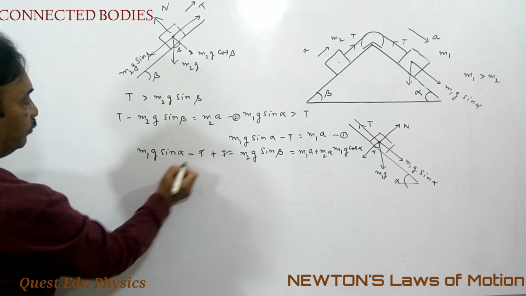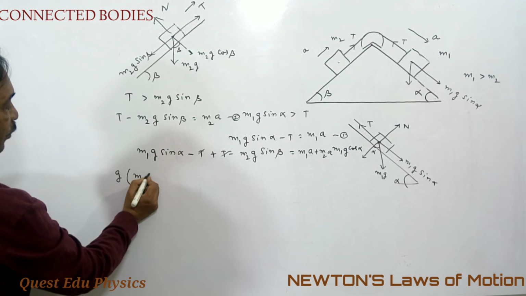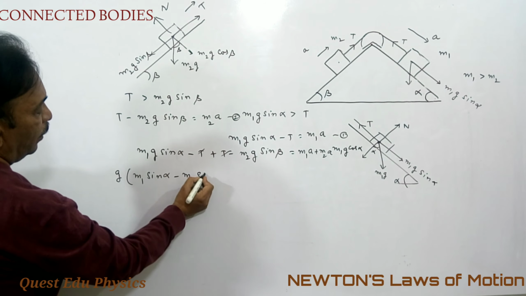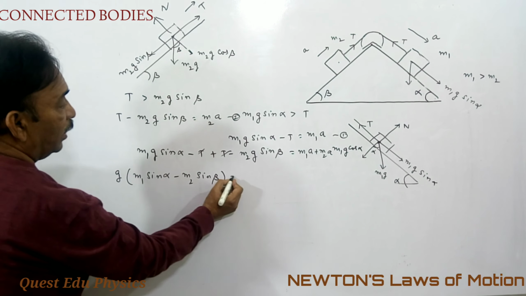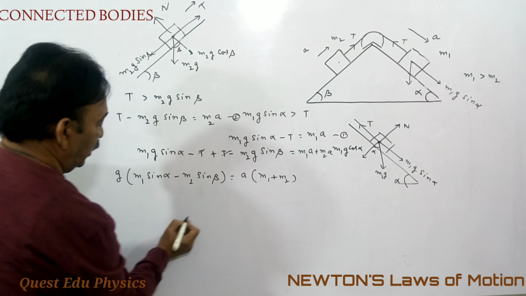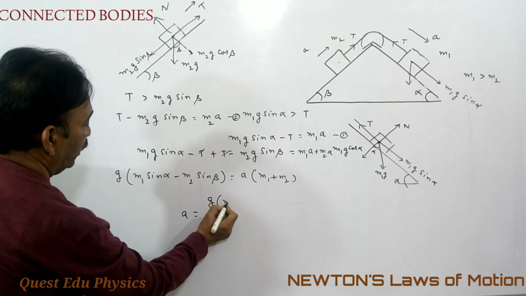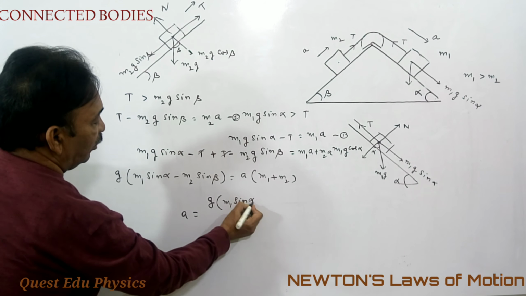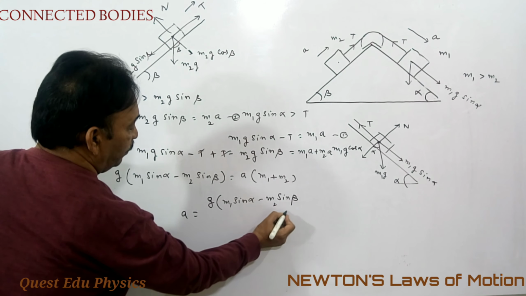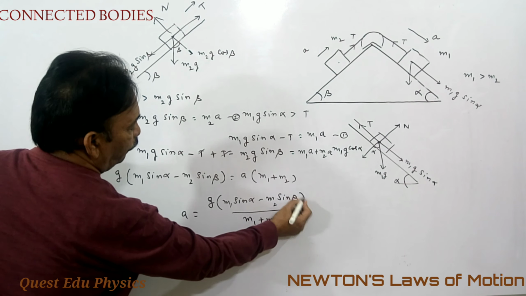Here T gets cancelled, and g of m1 sine alpha minus m2 sine beta is equal to a of m1 plus m2. Then we get a is equal to g of m1 sine alpha minus m2 sine beta divided by m1 plus m2.